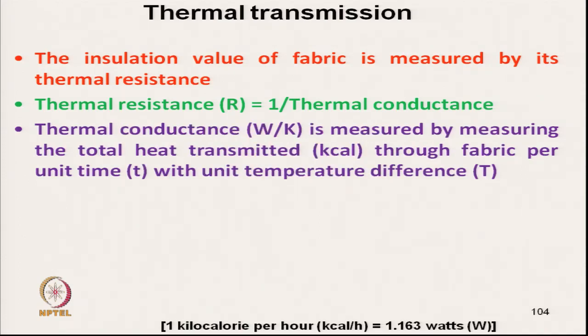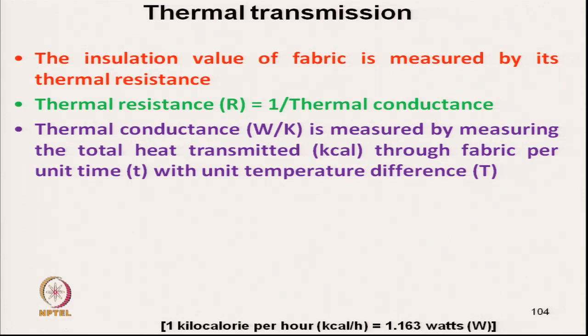Now, a few other parameters. The insulation value of fabric is measured by its thermal resistance, and thermal resistance is the reciprocal of thermal conductance. What is thermal conductance? Thermal conductance is expressed in watt per degree Kelvin.